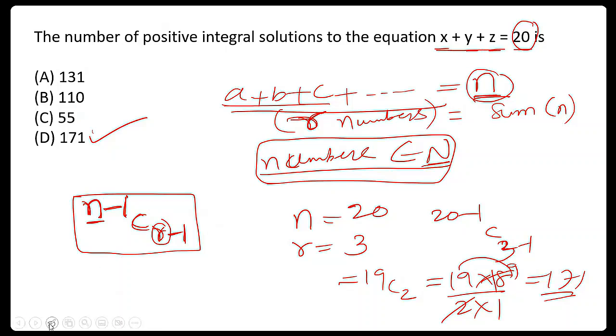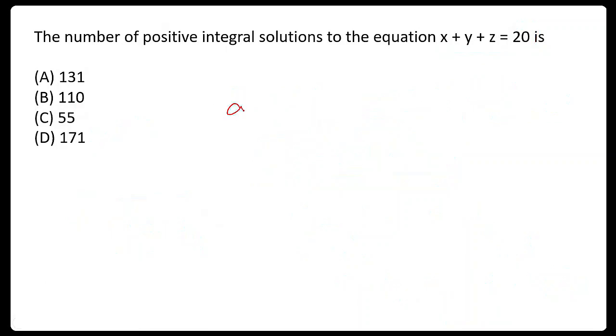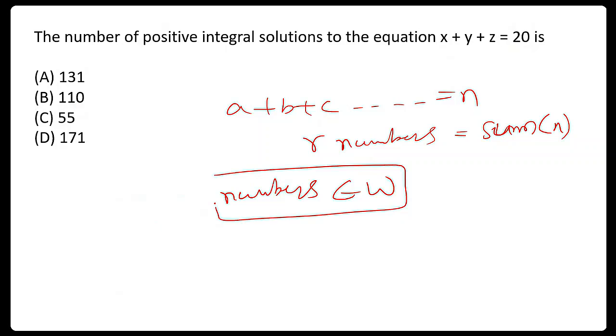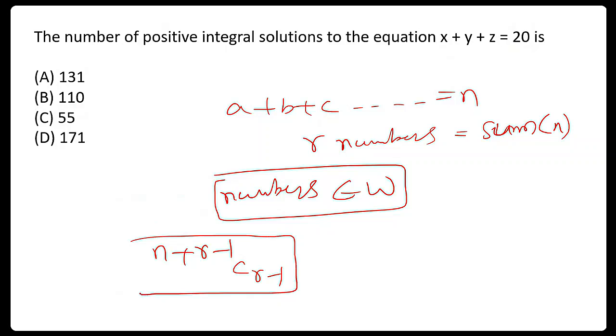In the same question, let's say by adding r numbers, if you are expecting a sum n, and if numbers can take 0 also, in the sense whole numbers, then the number of combinations is n plus r minus 1 C r minus 1.